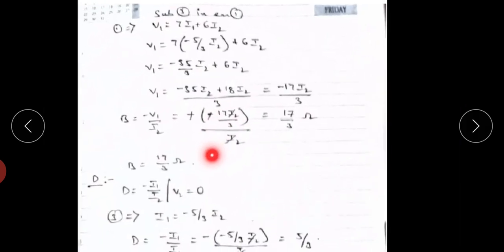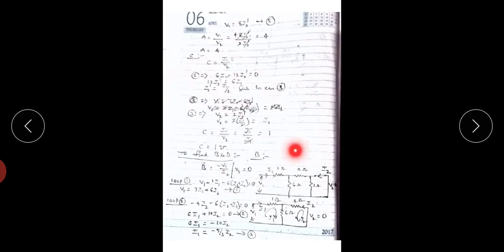So now we find the B parameter, minus V1 by I2. Okay, substitute equation 3 in equation 1. Here the I1 equation is minus 5 by 3 into I2. B equals minus V1 by I2, so we have to express V1 as a function of I2. That's why we substitute the I1 equation in equation 1.